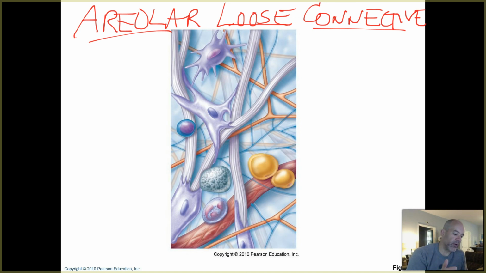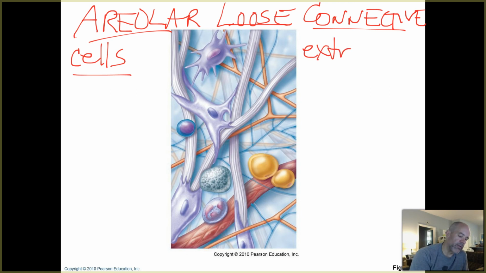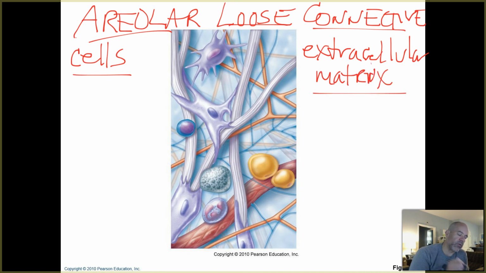So tissues have cells in them, and then you've also got extracellular matrix. So that's going to be the filler spaces in between your cells. The extracellular matrix consists of fluid, tissue fluid, or interstitial fluid, if you remember that from Chapter 3 in Unit 1.